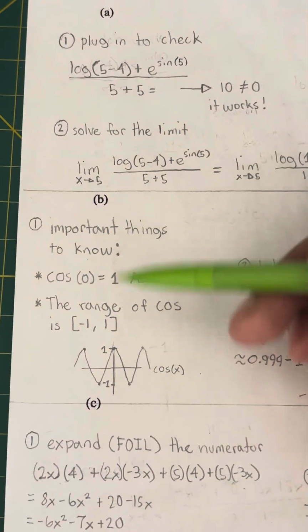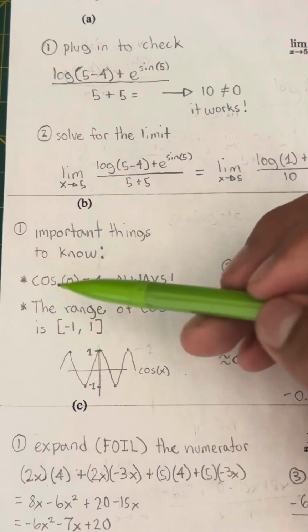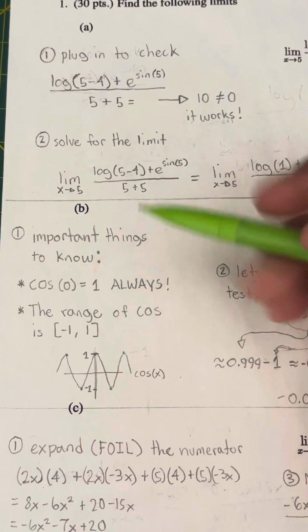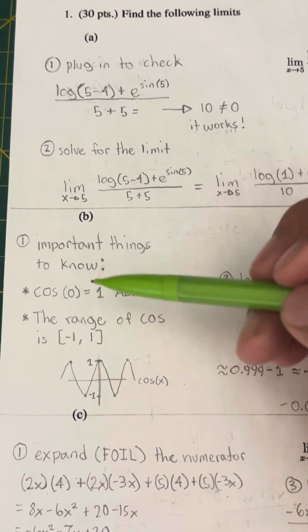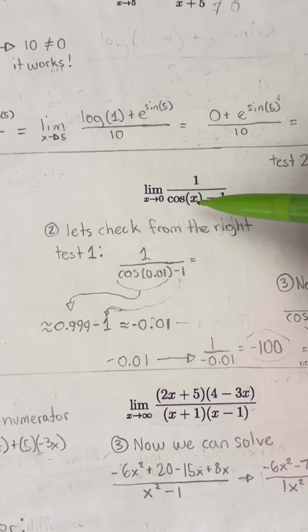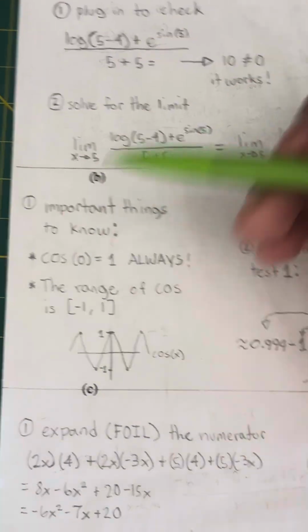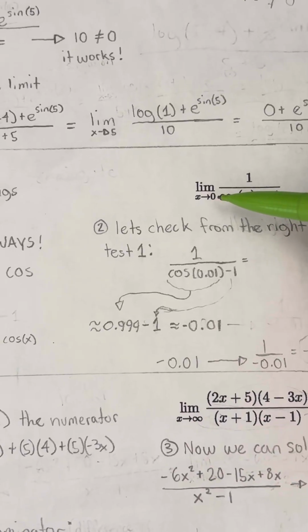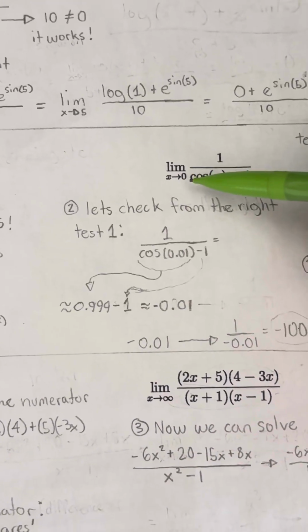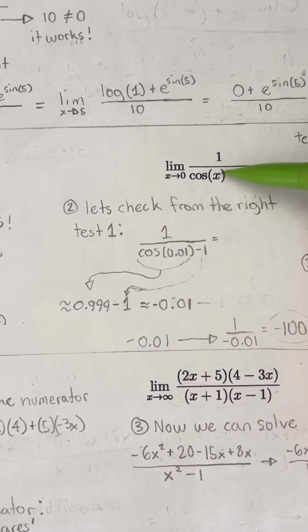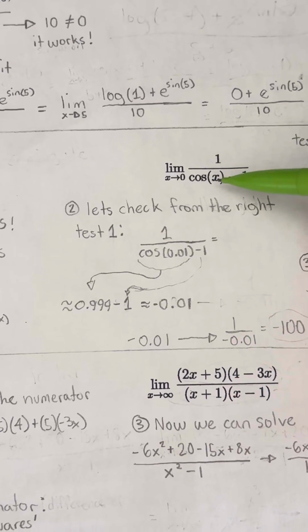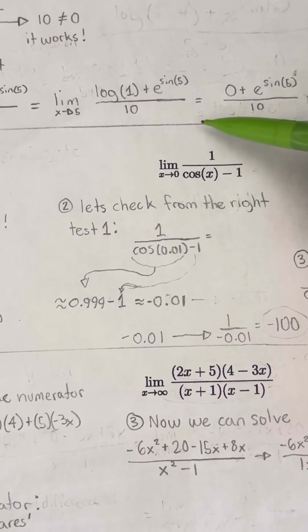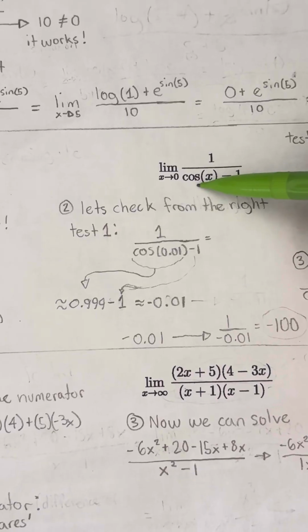But some important things to know is that cosine of 0 equals 1 always, no matter what. So we have cosine of x right here, and the limit says that it's approaching 0. If we were to plug in 0 here for x, it would be cosine of 0, which is 1.